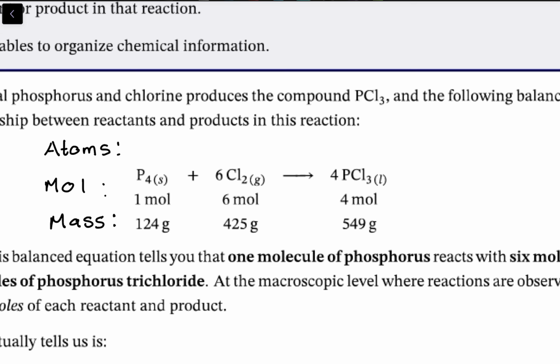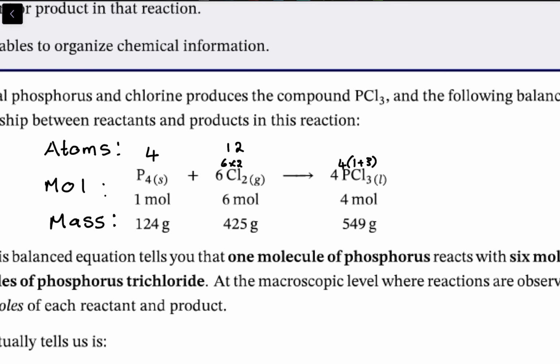So in terms of atoms first, it says 4 phosphorus atoms, so you can see there's a little 4 there. It says 4 of them react with 6 times 2 chlorine, so that makes 12 chlorine atoms, to form 4 times 1 phosphorus plus 3 chlorine.